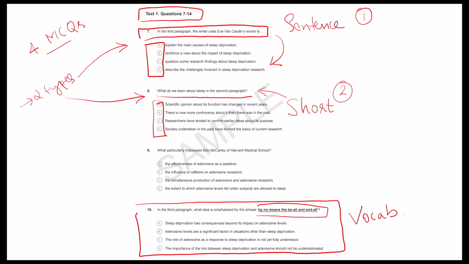Out of the 8 questions, one will always be a reference question, the other will always be a vocabulary question, and out of the remaining 6, we have either sentence completion or short answer question types. And we will have 4 answer options, and we have to choose one right answer from the options.